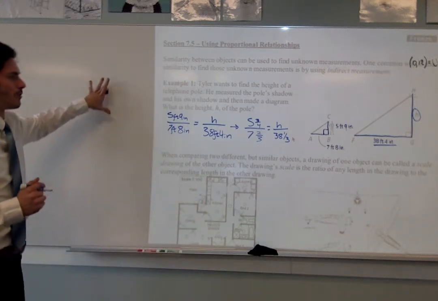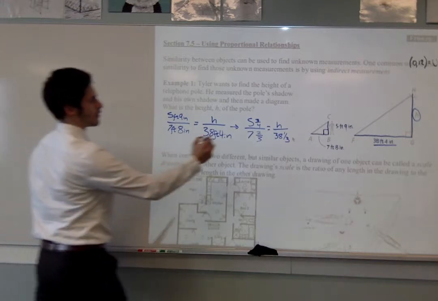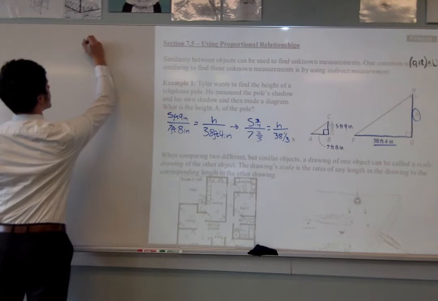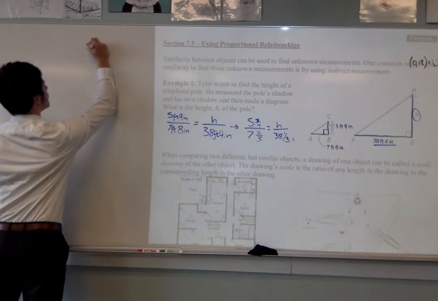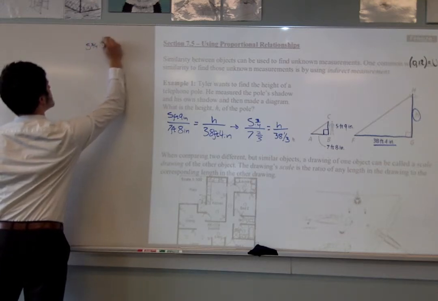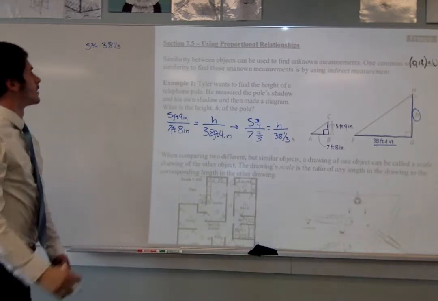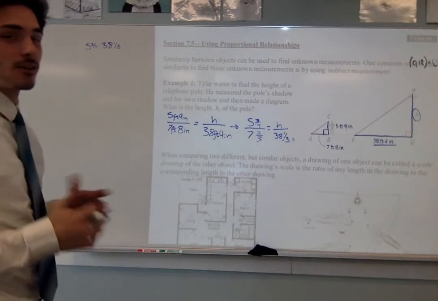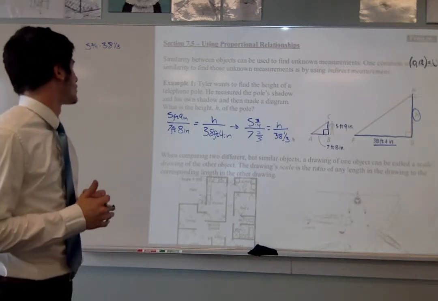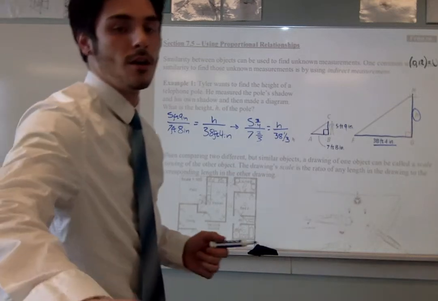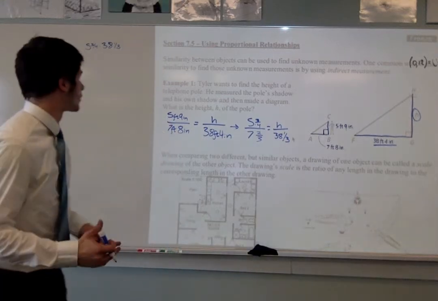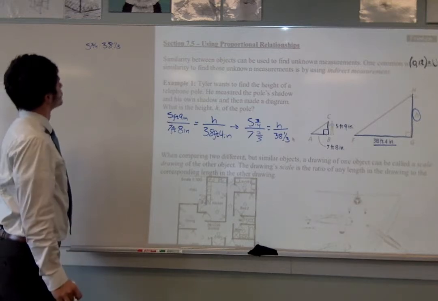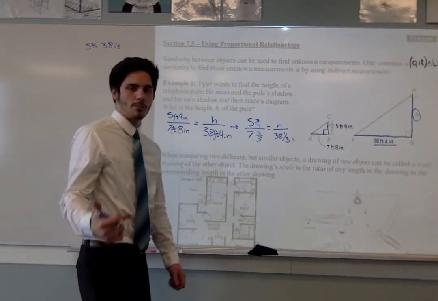I'm going to start doing some work over here a little bit. So if we cross multiply 5 3/4 by 38 1/3, that's a little ugly. I don't know how to do 5 3/4 times 38 1/3 off the top of my head. But one thing that we could do is turn these into improper fractions.